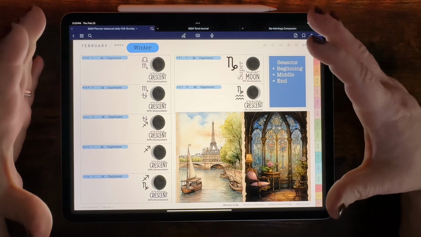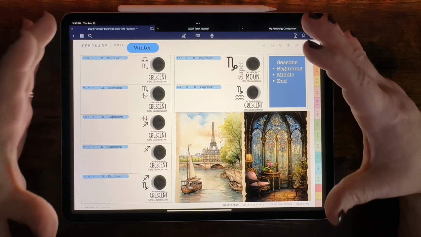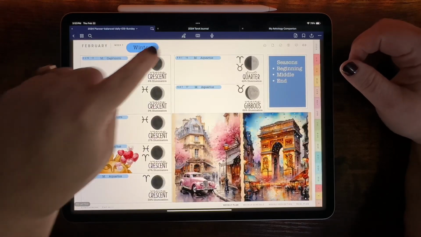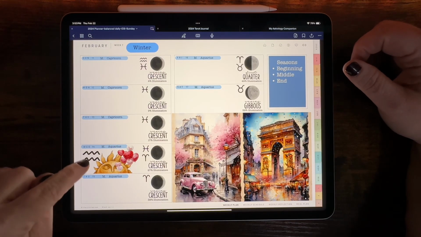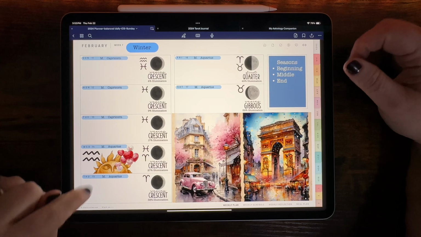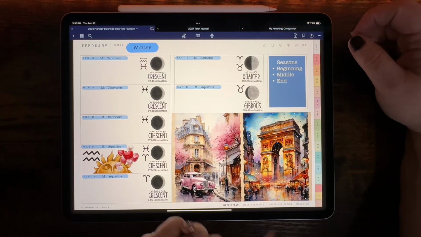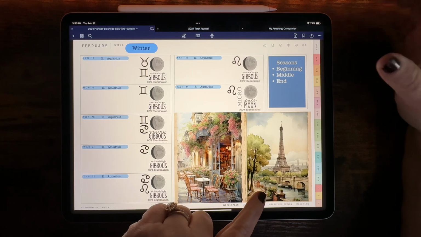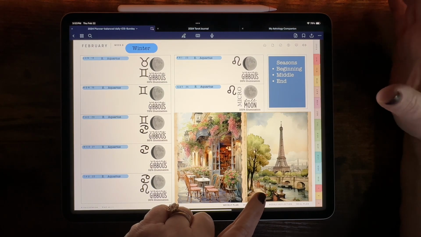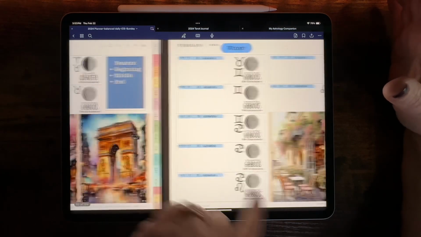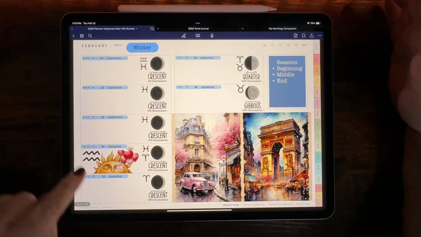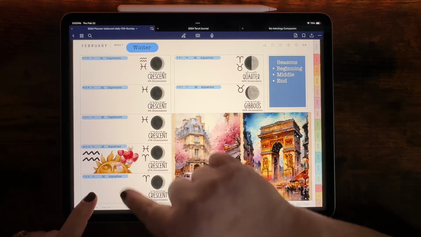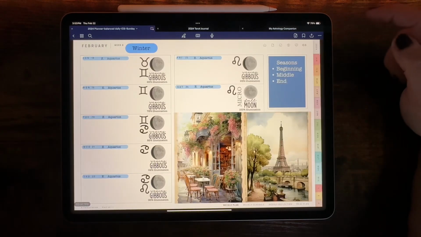So that would be a fixed sign, not a cardinal sign, right? And then also in the middle of the season, we have Aquarius. And Aquarius is known as the fixed. But look at how long Aquarius is in the middle. 1, 2, 3, 4.